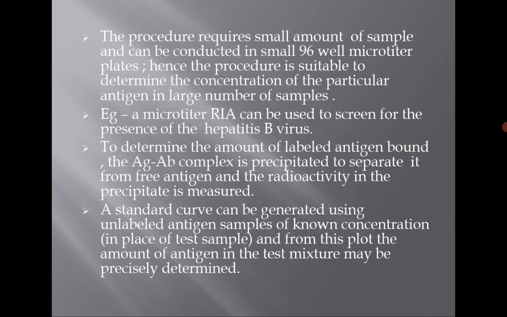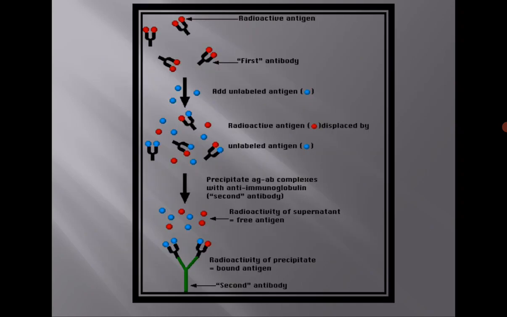A standard curve can be generated using unlabeled antigen samples of known concentration in place of the test sample, and from this plot the amount of antigen in the test mixture may be precisely determined, right? So here we can understand the procedure more broadly.